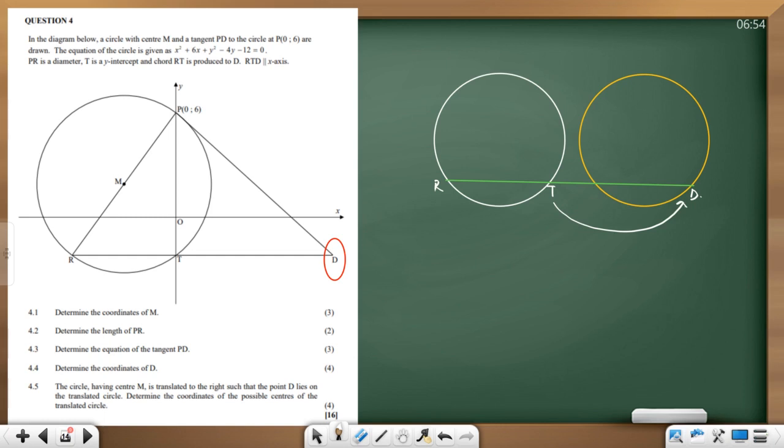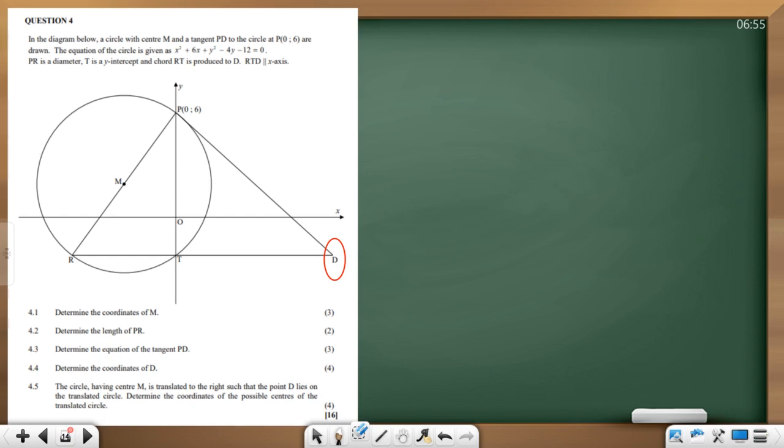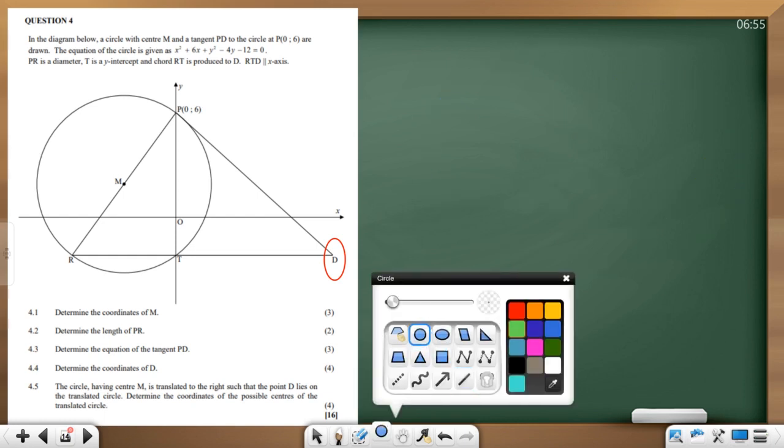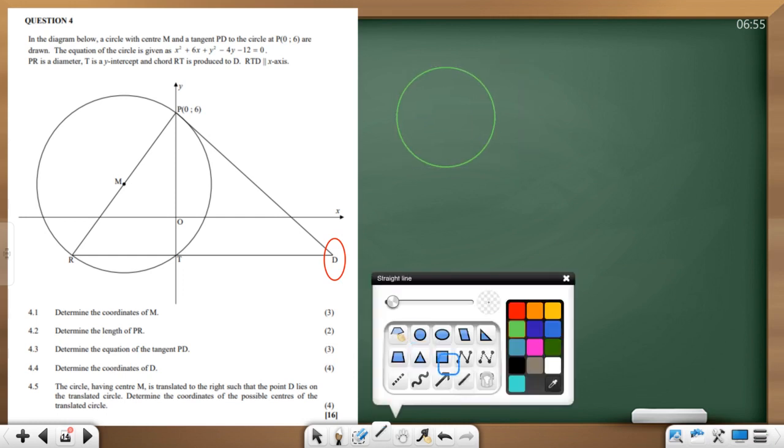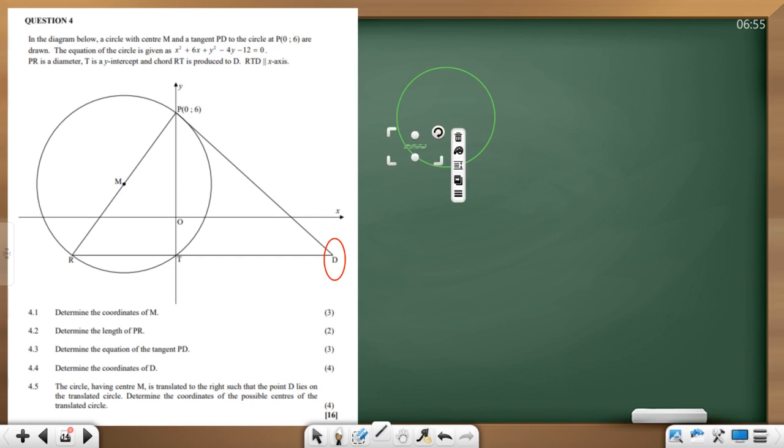However, we could have another possible situation where point R will also lie on D. Let me reduce the size of this circle to make things a bit clearer, just for us to be able to see. So we have that, and I'm going to draw this horizontal line.